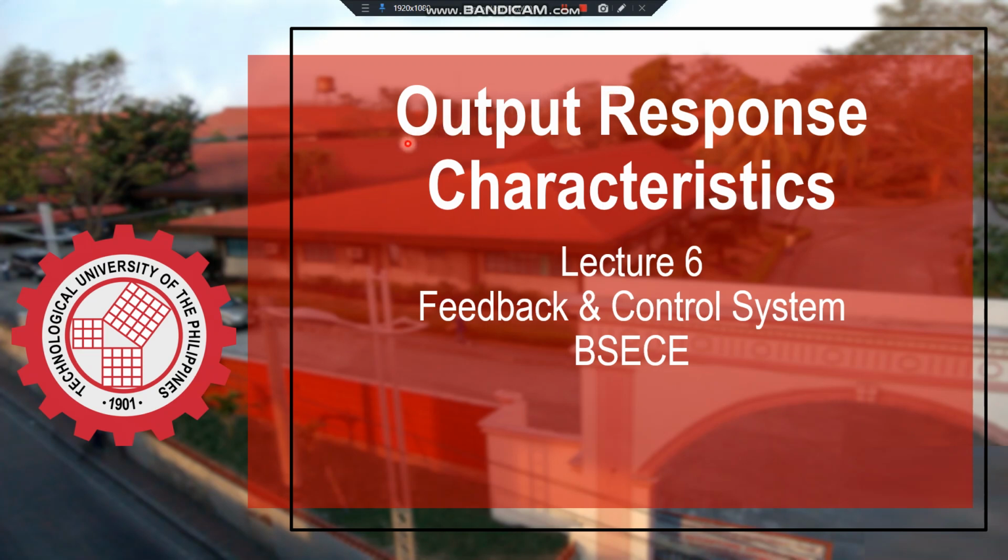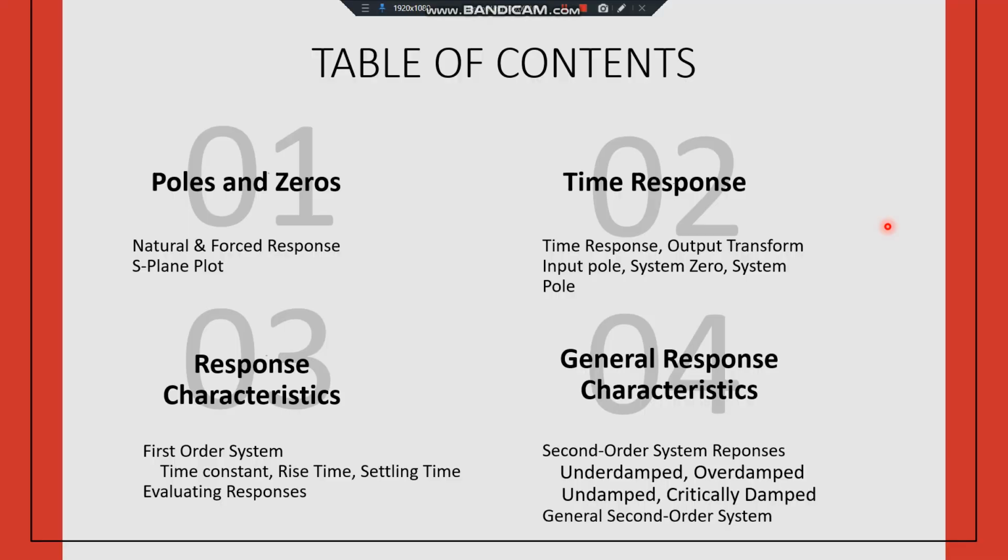Good afternoon. We're going to discuss output response characteristics, Lecture 6 of Feedback and Control System. Our topics are poles and zeros, and we're going to discuss the natural response and forced response and how our poles and zeros are plotted in the S-plane.